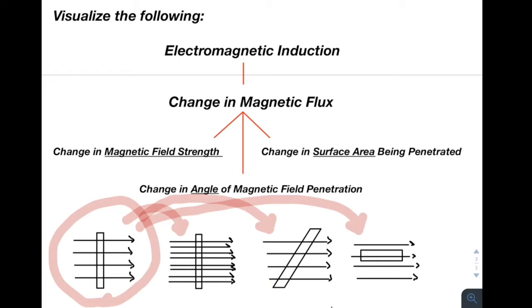And additionally, the angle at which this magnetic field is penetrating the surface area is essentially 90 degrees, because we want to consider it as the angle between the normal and the magnetic field. So if we have cosine of 90 in our equation, that's going to give us a value of 0. So that shows us that if we have an object that is parallel to the magnetic field lines, it'll give us a 0 for the magnetic flux.